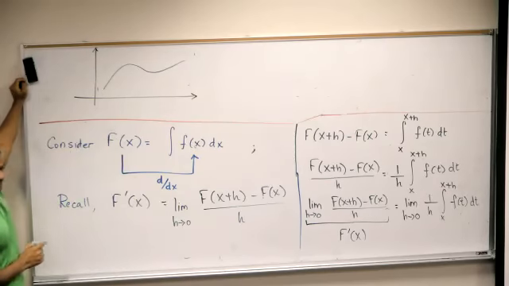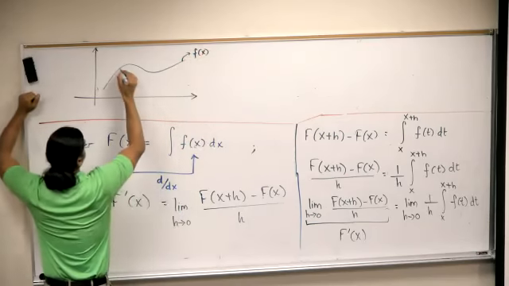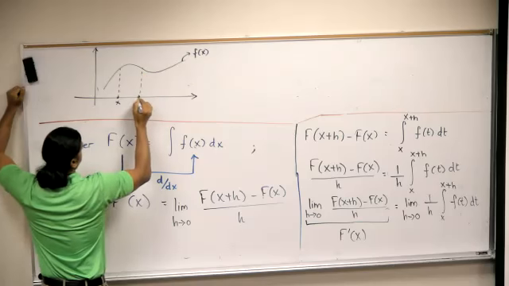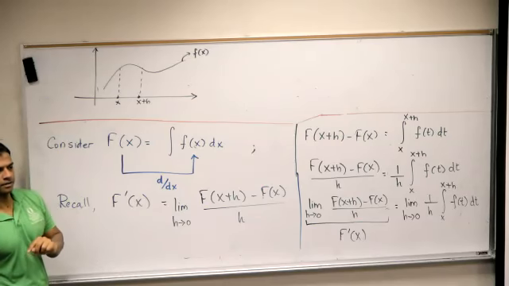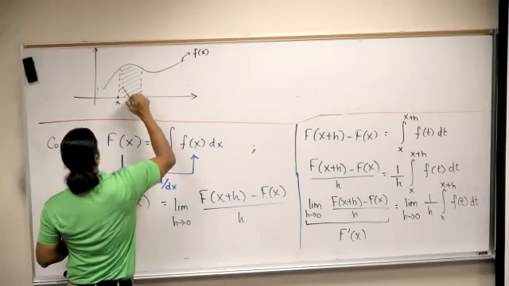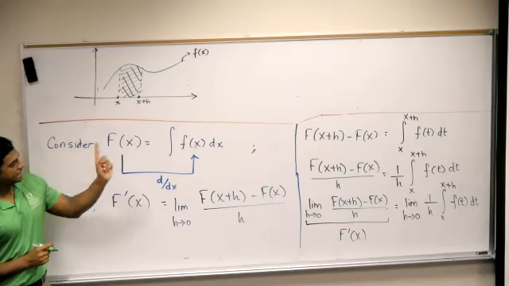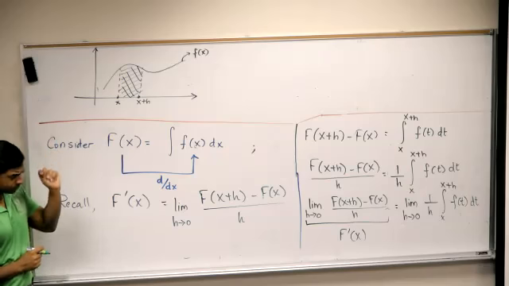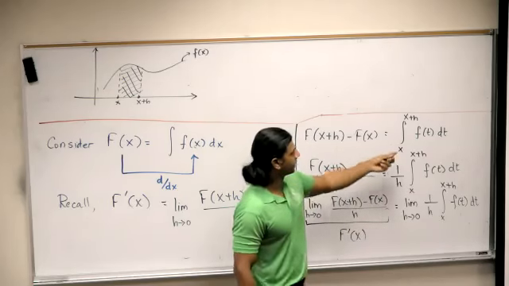So that is my function, f of x. Good. The area between x and x plus h is simply the difference over here, F of x plus h minus F of x.